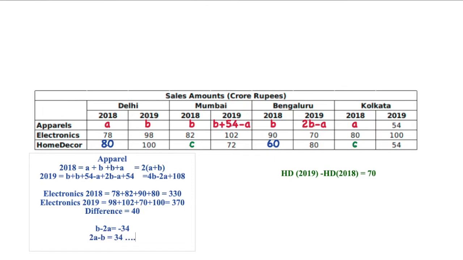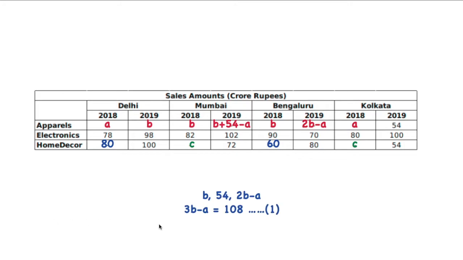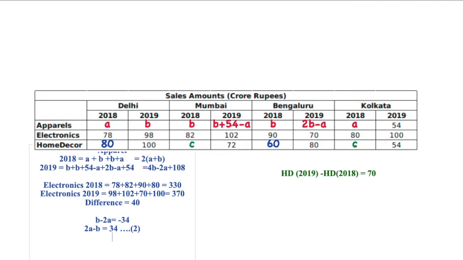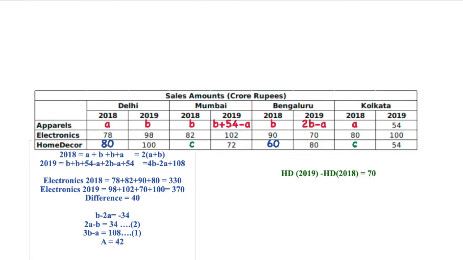So I'll call this 2. So we know from 1 that 3B minus A is 108, right? Our other equation is 3B minus A is equal to 108, right? So if you solve these two, you will get the value of A as 42 and value of B as 50, right?